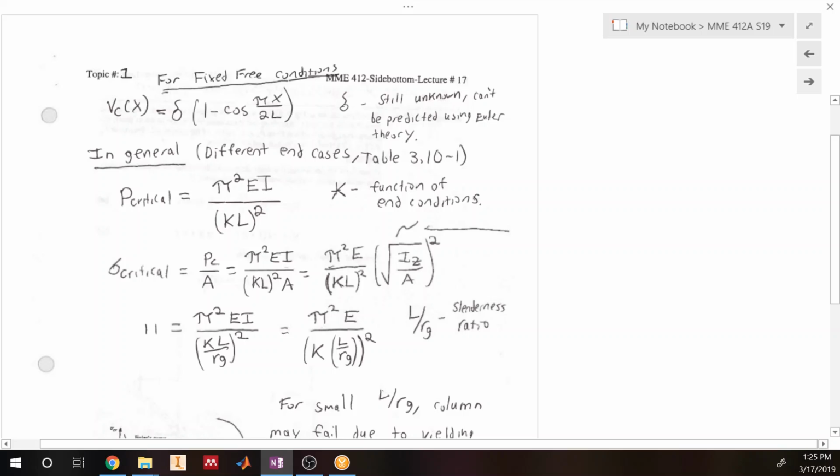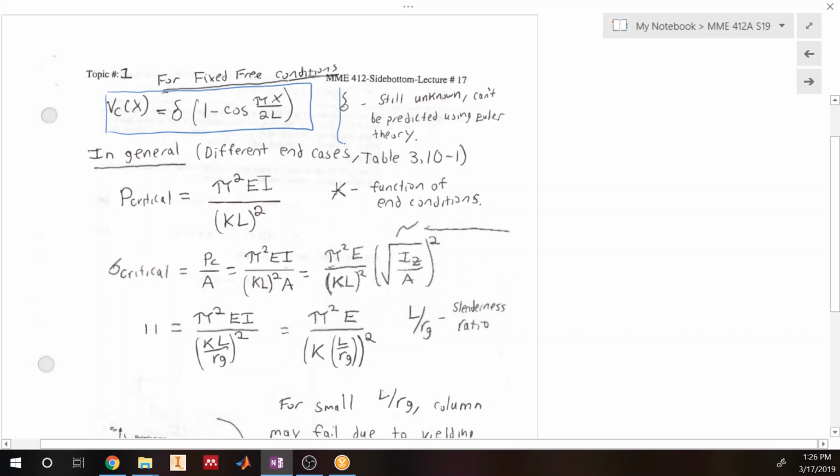All right. So if we just plug in our value of k, we know that the displacement of v sub c of x is equal to delta times 1 minus cosine of pi x over 2L. Delta is still unknown.